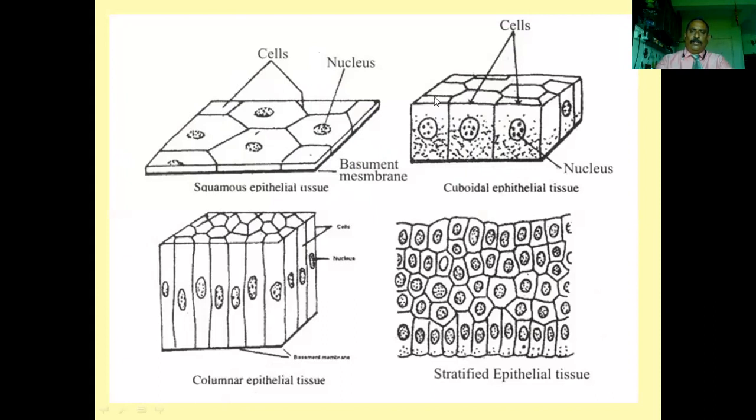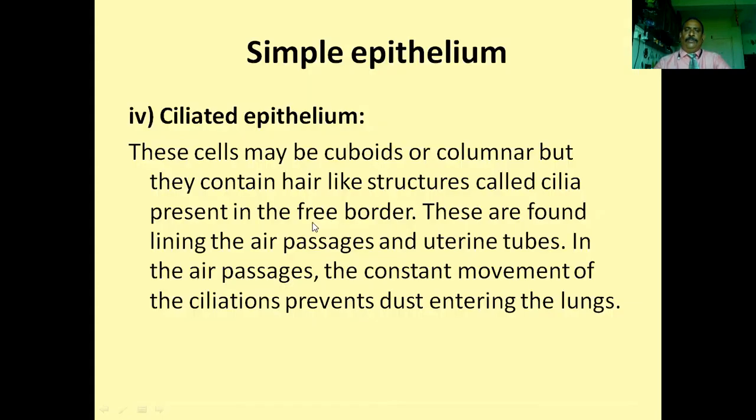You have cuboid cells, which are like square-like things, and you have the nucleus here, and this is columnar epithelium, where it presents itself like this. So when this is continuing, then we call it squamous epithelium, or stratified epithelium, simple epithelium, and stratified epithelial tissue.